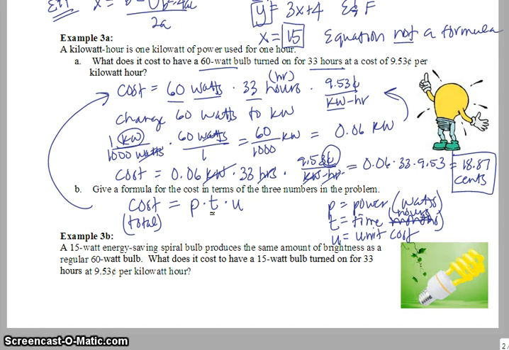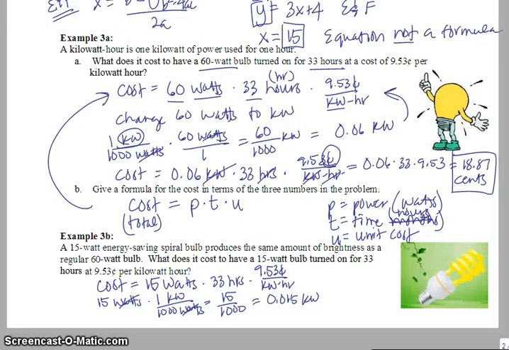Let's work through this last example. It's very similar to 3a. A 15-watt energy-saving spiral bulb produces the same amount of brightness as a regular 60-watt bulb. What does it cost to have a 15-watt bulb turned on for 33 hours at 9.53 cents per kilowatt hour? Okay, I started the problem already, and I put cost equals 15 watts times 33 hours times 9.53 cents per kilowatt hour.